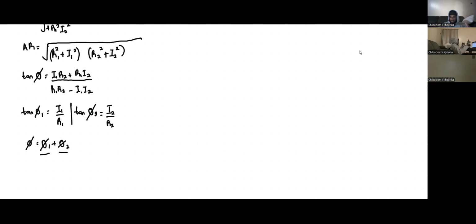I'll just scroll up here. I'll scroll back up. So about this. As we know, tan, let me just use this, is going to be the same as sine over cosine.